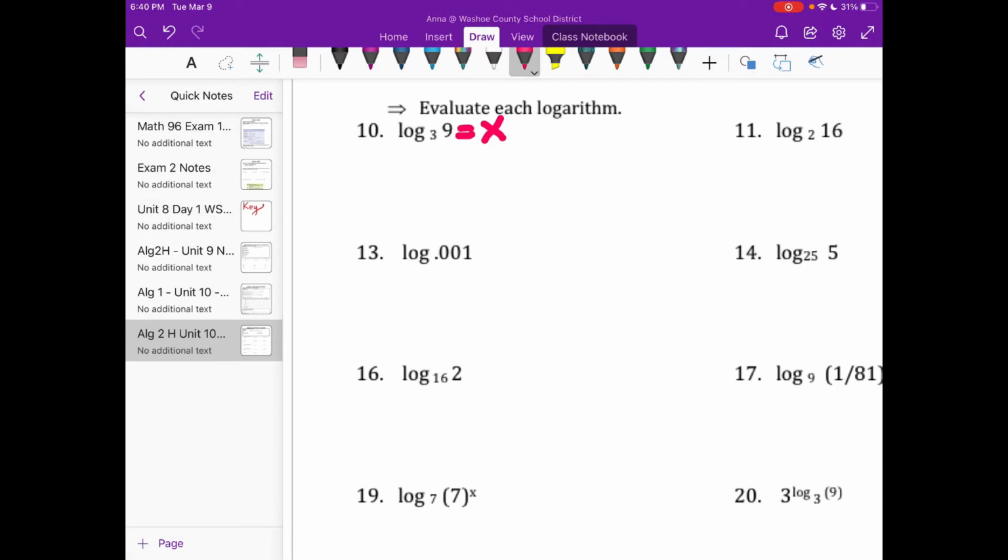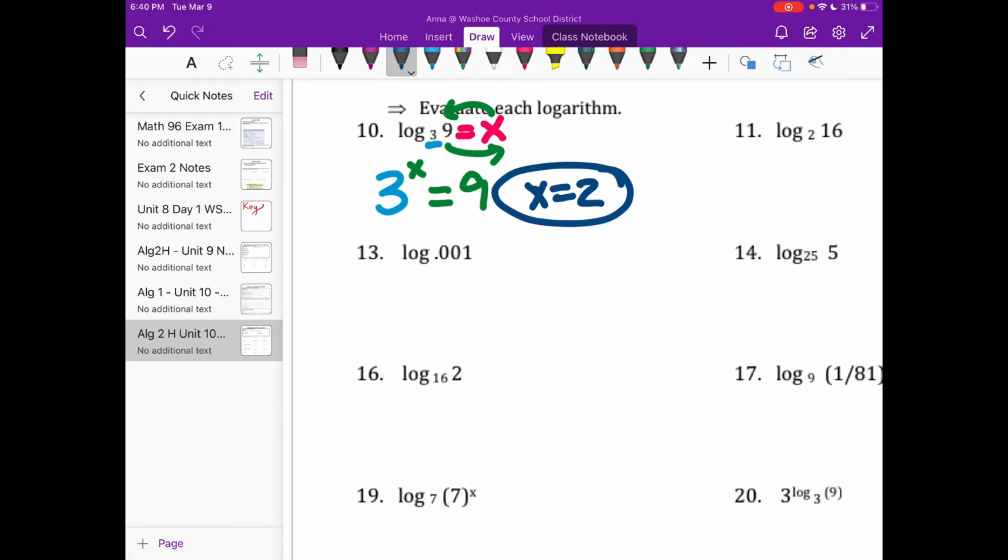So what I would do is I would change each one into exponential form just so you can see it a little bit better and you can go, okay, x is going to be this. So base stays base, so keep that 3 as the base. The other two switch place, so x is your exponent, equals 9, all right? So what would x need to be for 3 to turn into a 9? Definitely a 2, okay? So 2 is what would be our missing number.